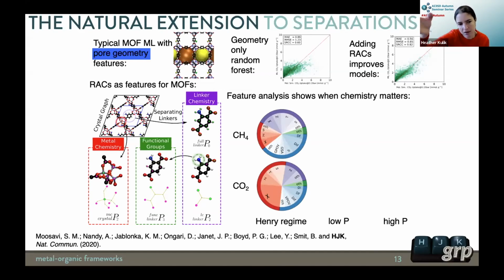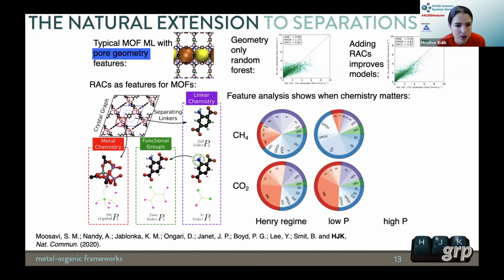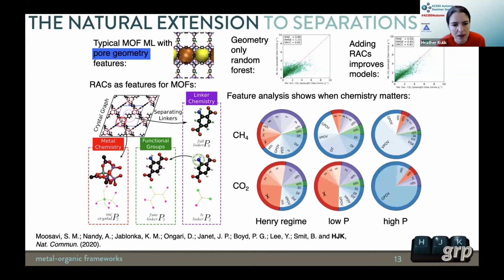Methane just kind of behaves like a rock. And as we increase the pressure, we can see the blue portion taking over, especially for methane, up to high pressure, where you can imagine as we start to look at really high pressure uptake characteristics, just how many molecules you can shove in that pore takes over. So this gives us both a condition-dependent and molecule-dependent insight into what matters most for MOFs.